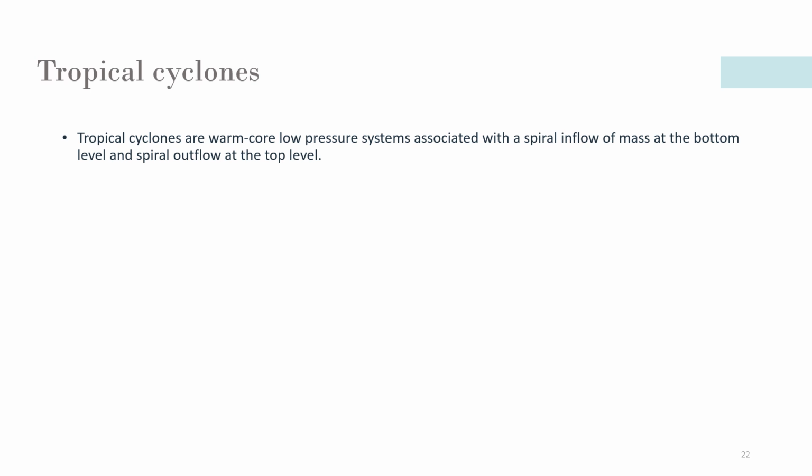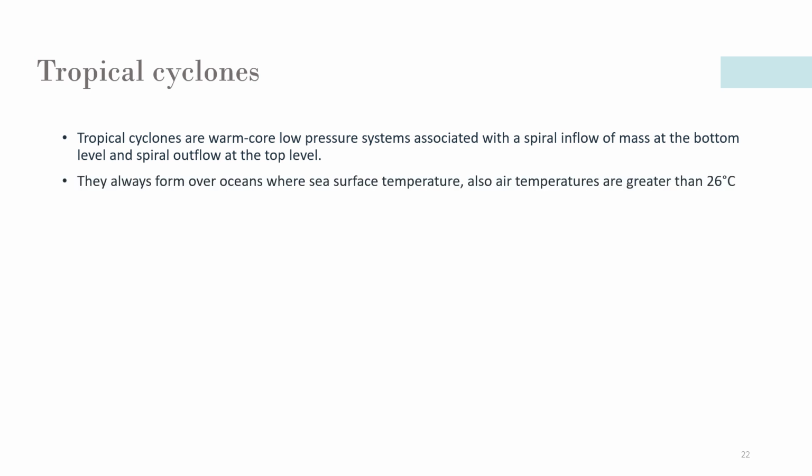Tropical cyclones are warm core, low pressure systems associated with a spiral inflow of mass at the bottom level and spiral outflow at the top level. They always form over oceans where sea surface temperature and air temperatures are greater than 26 degrees Celsius.